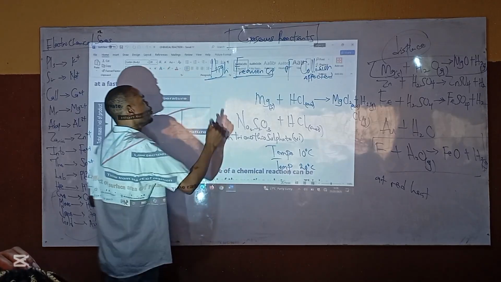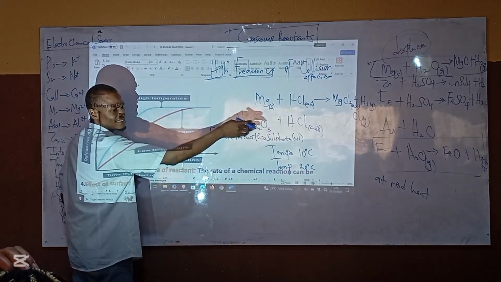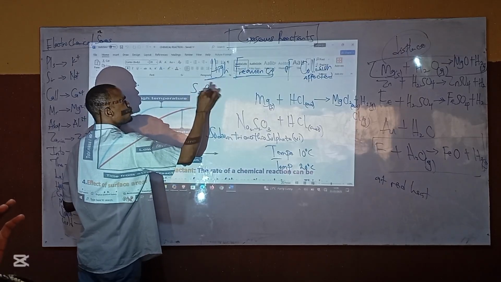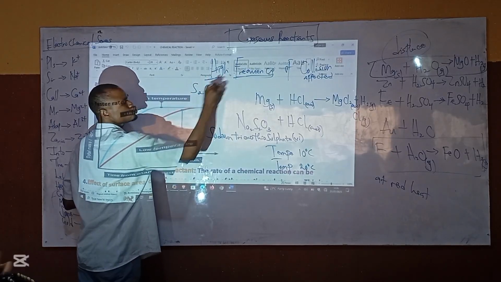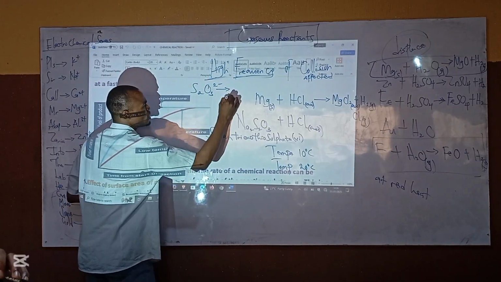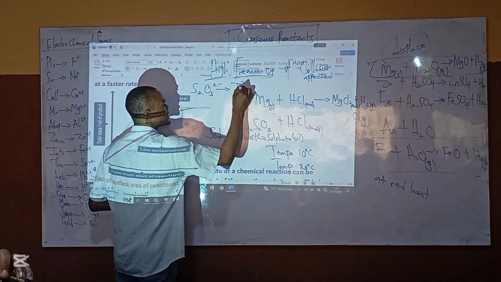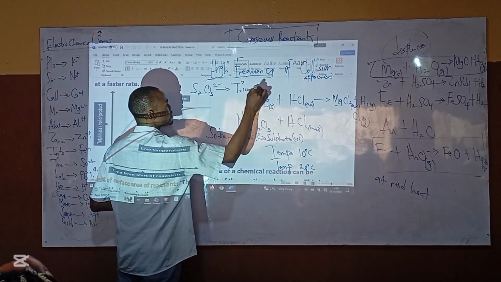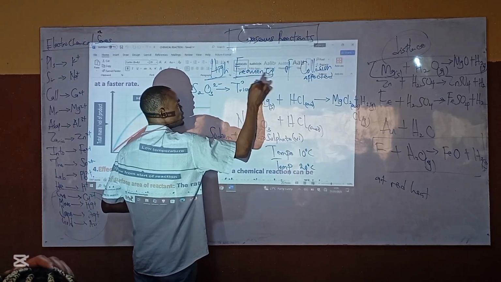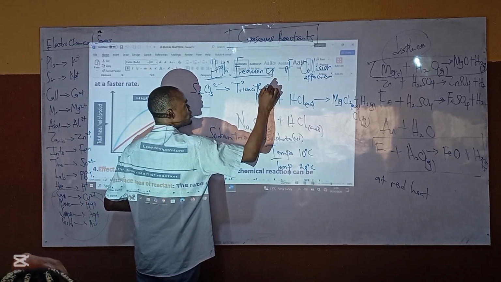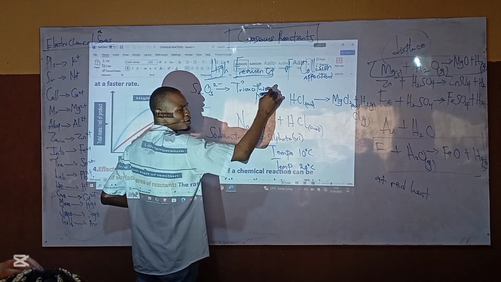Now, when you say thiosulfate(VI) ion, this is the ion, S2O3 2 minus. This ion is called what? Trioxo. Say it after me. Trioxo. Thio.